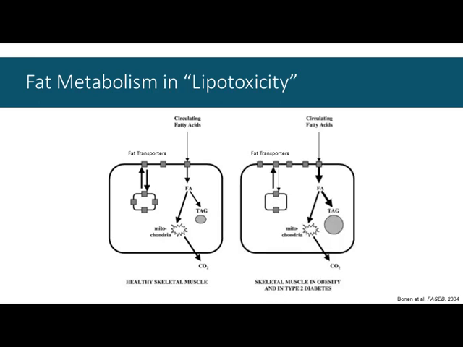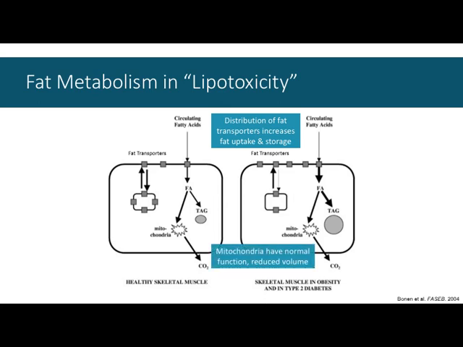But in an obese or diabetic individual, we see higher uptake and reduced oxidation. Higher uptake largely from a persistent, constant relocation of these transporters. They don't stay inside the cell, they live on the membranes. They're always available to take up fat, hence the increased uptake. And while on an individual basis mitochondria seem to work well, there's less of them in the cell.